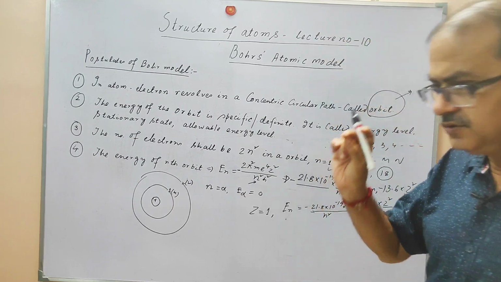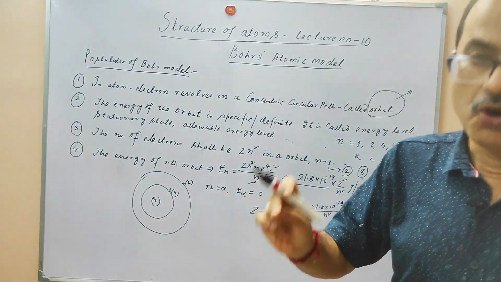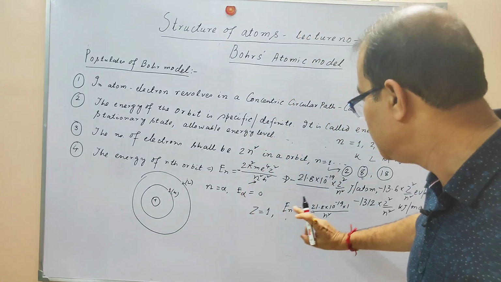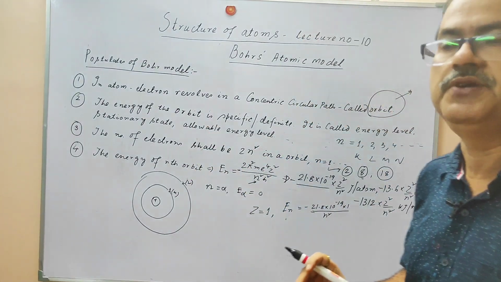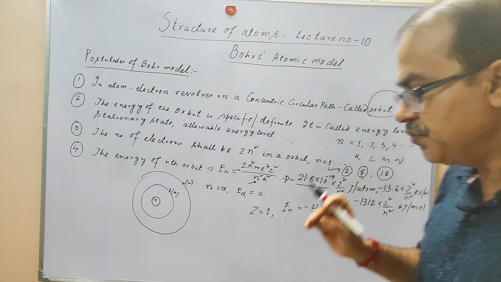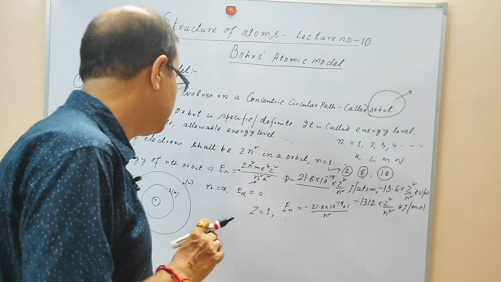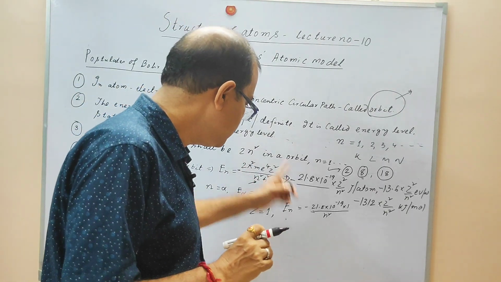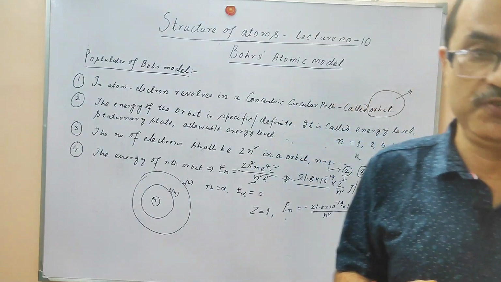So when we put the value of n as 1, we will get the energy of the first orbit. When n is 2, we will get the energy of the second orbit. So we will continue to get the energy of the different stationary states. And this formula will also be applicable for hydrogen-like species.